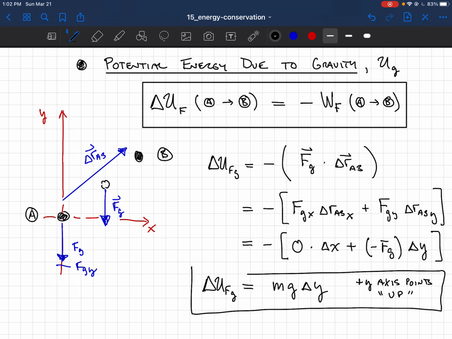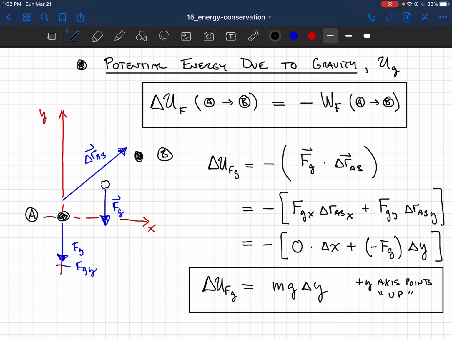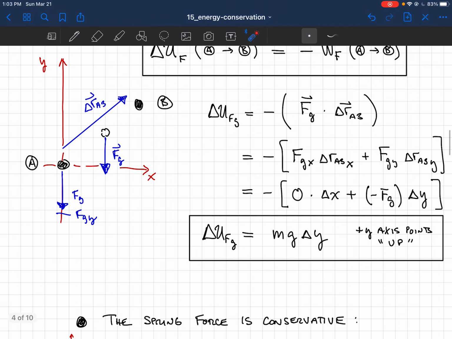So you can't do it for just any coordinate system. You have to choose the y-axis as pointing upward away from the center of the Earth, meaning in the opposite direction of gravity. And that gives us our potential energy due to gravity.